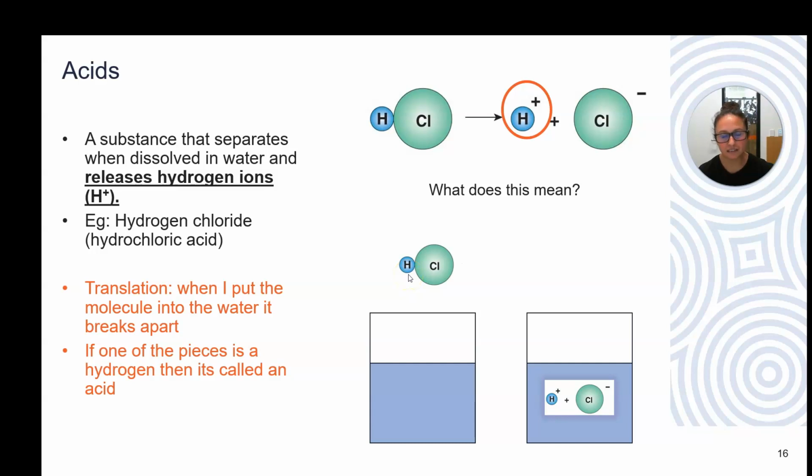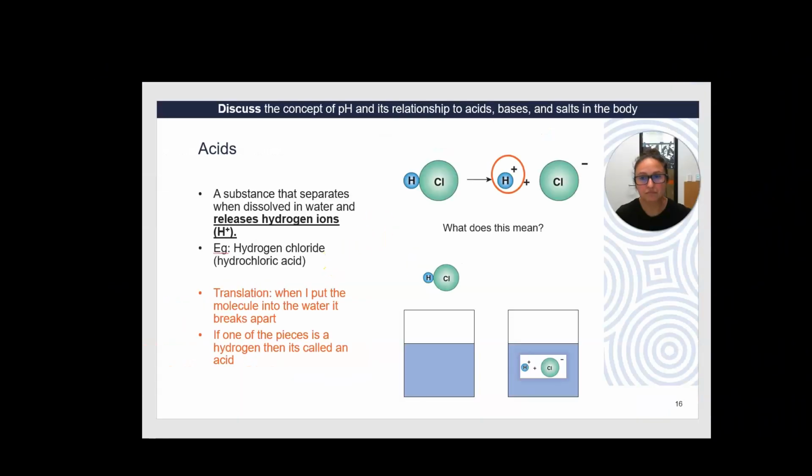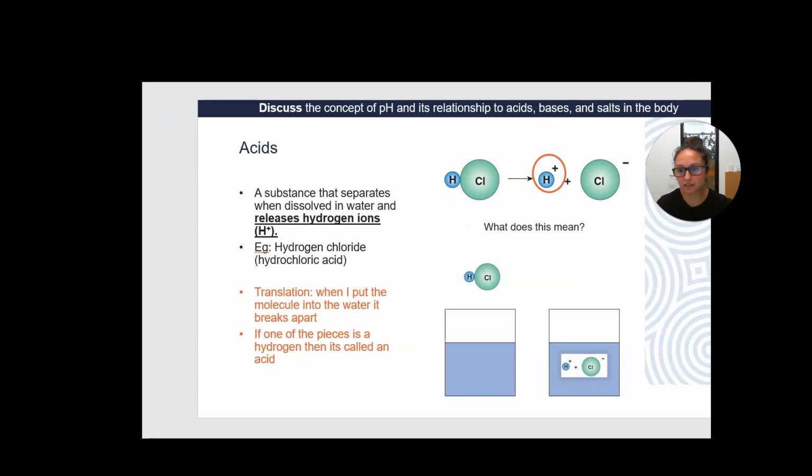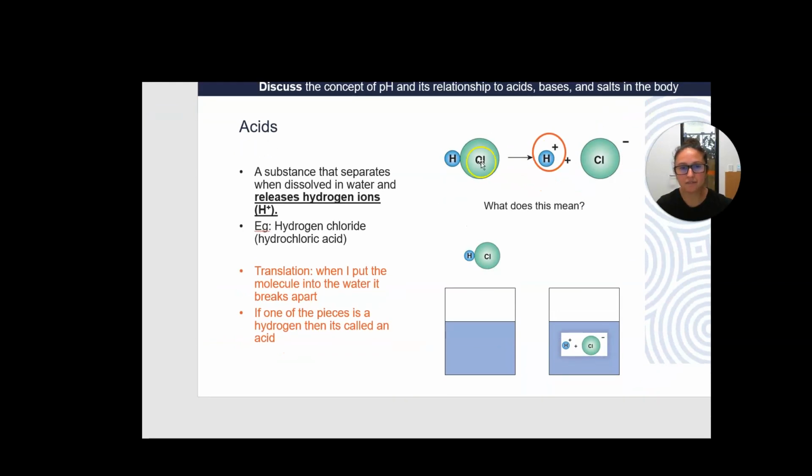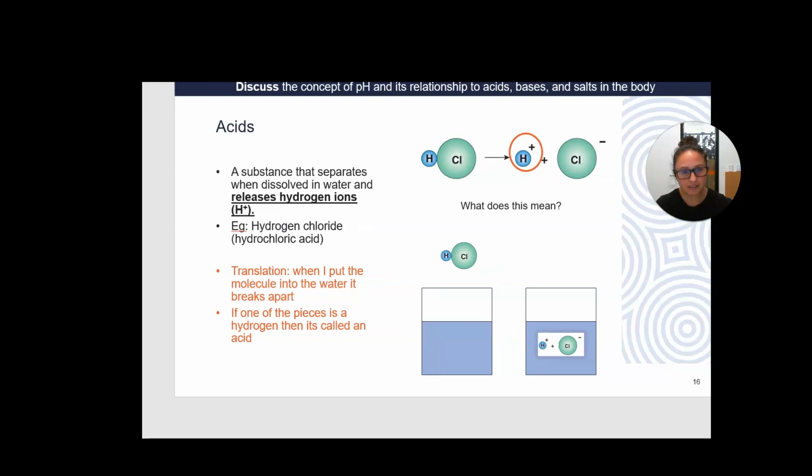Okay, so an acid is something that when you put it in water, it breaks apart or it separates. I'm just going to move my screen a little bit. Here we go. So, an acid is something that when you put into solution, it separates.